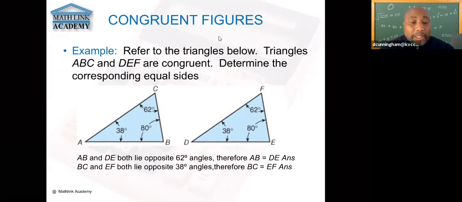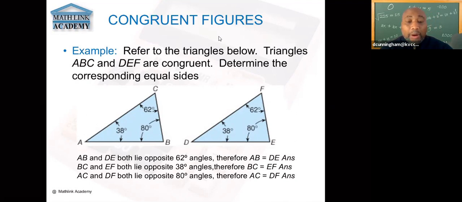We see similarly that BC and EF lie opposite to the angle 38 degrees. Therefore, BC is equal to the side EF. And then again, the last thing is AC and DF both lie opposite of 80 degrees.